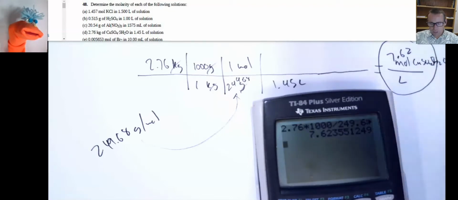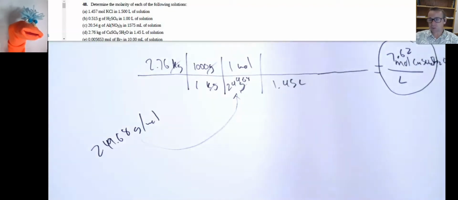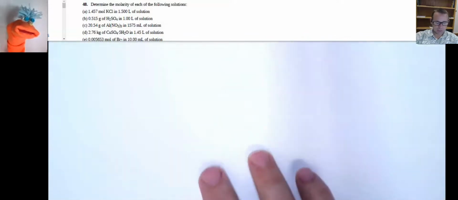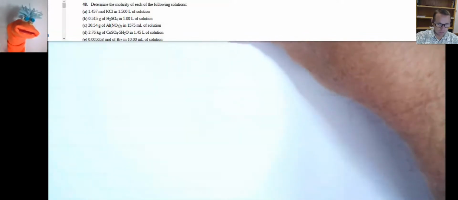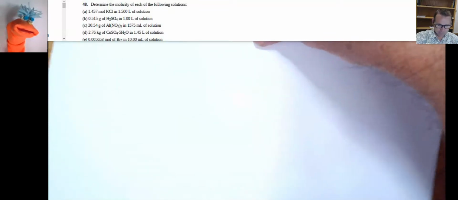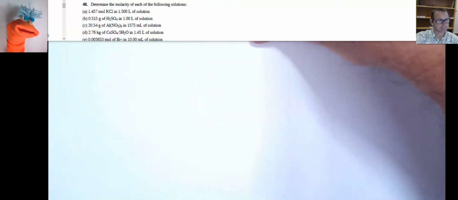Now, that would be a pretty difficult solution to make because that's a lot of copper sulfate pentahydrate dissolved in that water. It'd be doable though. You have to probably heat it up and maybe stir it for a long time, but heat it up also to help the solubility. But it'd probably work. Okay.